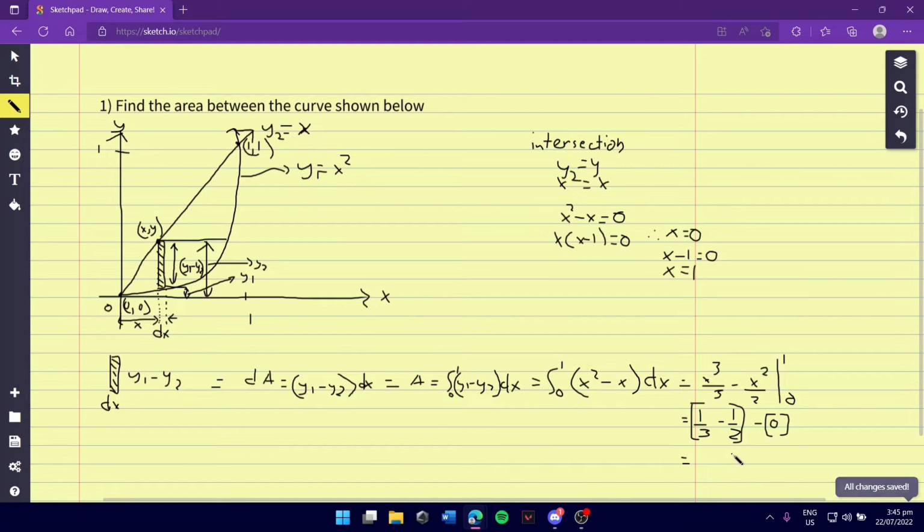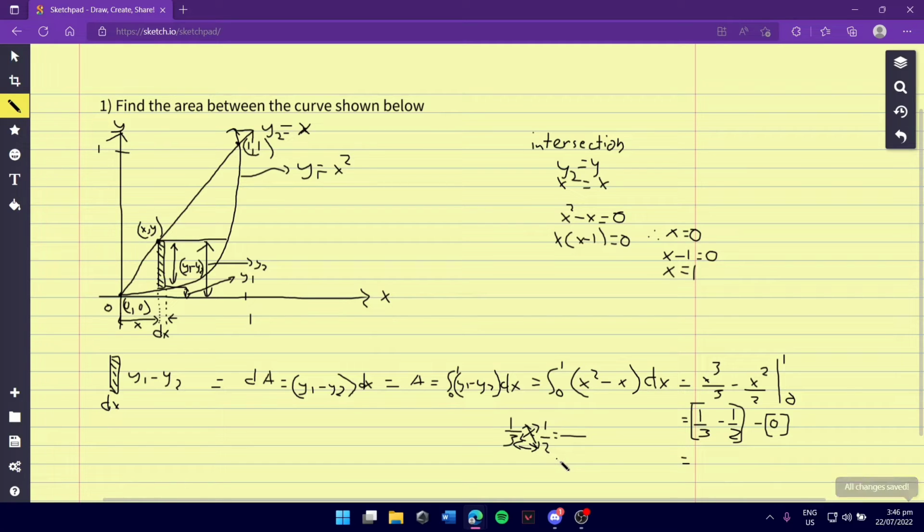We will subtract this. In subtracting fractions, we have the first fraction here, and then the second, we will cross multiply it, and then divide by the product of the denominators.